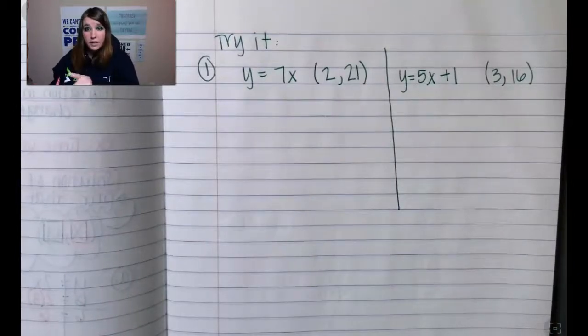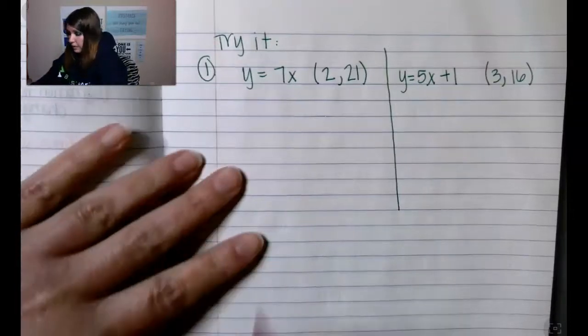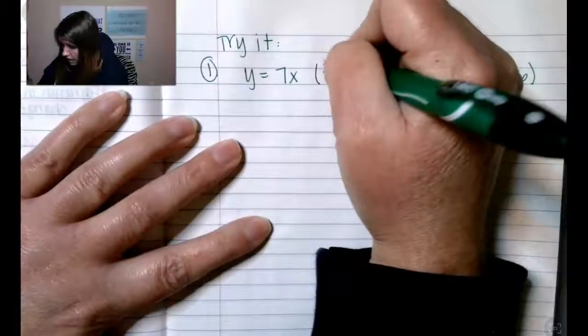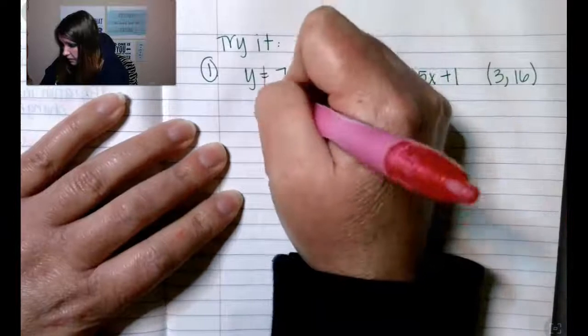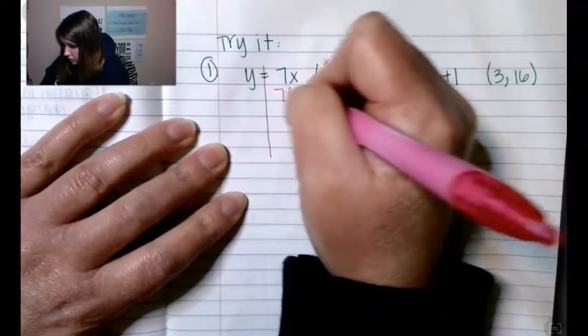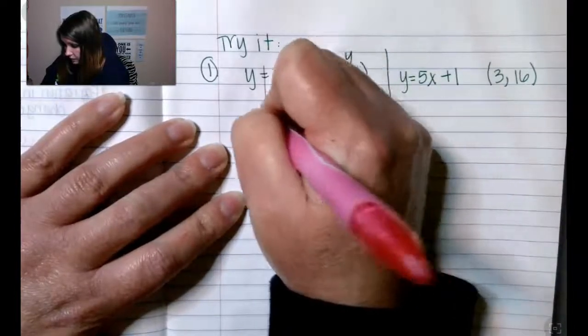Pause the video or you're going to hear me do this. So pause it. Right. Yeah. Okay. X, Y. All right, draw my line. I know 7 times x equals 2. So I'm going to put the 2 in for x, and that gives me 14.